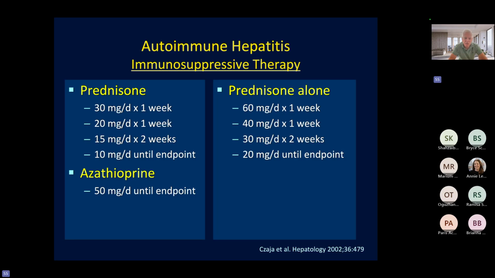Starting azathioprine 50 milligrams per day with a fairly rapidly tapering dose of prednisone over a period of 4 to 6 weeks. The alternative would be prednisone alone. Again, if you have a patient with cytopenia, one might choose to use prednisone alone rather than including azathioprine.